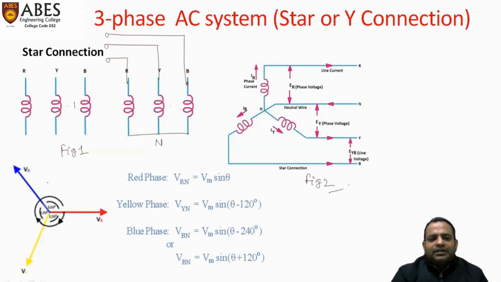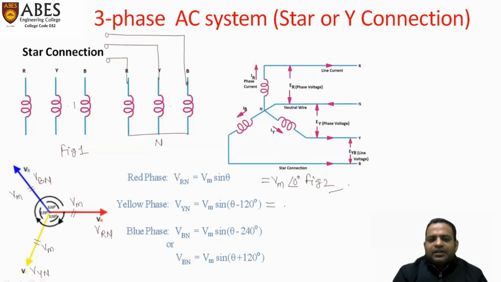Now we have three balanced supplies called VRN, VYN, and VBN, which are 120 degrees apart and equal in magnitude, called Vm. In polar form, these three vectors are: first, Vm angle 0 degree.